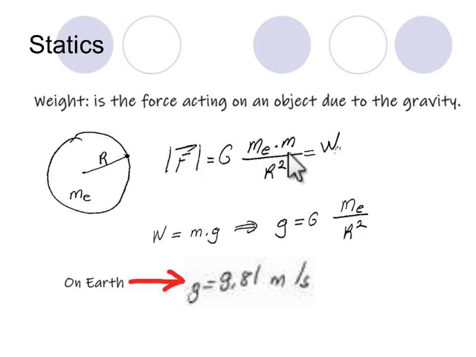Certainly you have the mass small m, and this celestial object will attract you according to the law of attraction, and as a result the force applied to you is G multiplied by the mass of the celestial object, Earth in our case, multiplied by our mass, divided by the square of the radius of the celestial object.